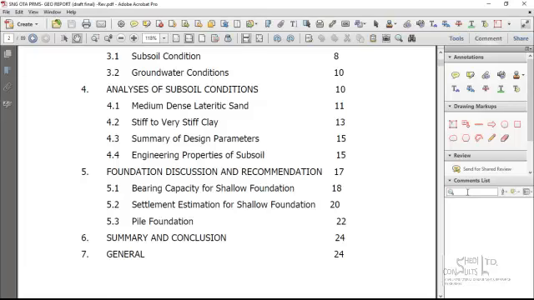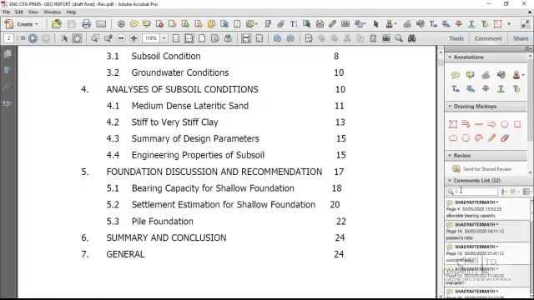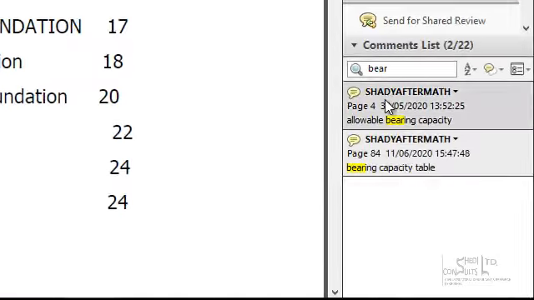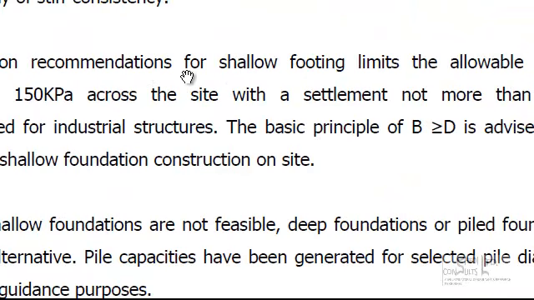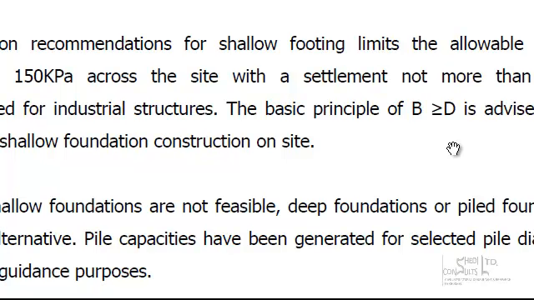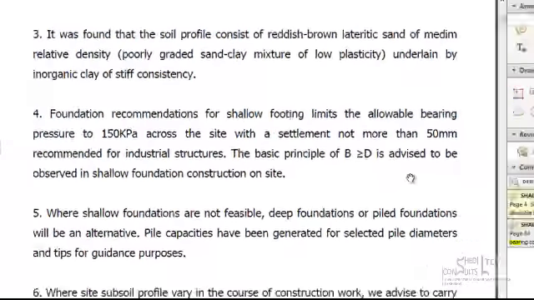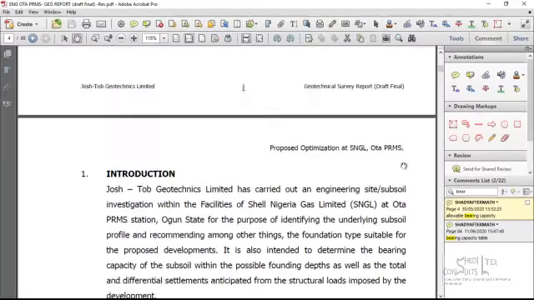So based on the geological investigation report, the allowable capacity of the soil was recommended for shallow foundations as 150 kilopascal. The minimum allowable capacity of the soil is 150 kilopascal to cater for a settlement not exceeding 2 inches.